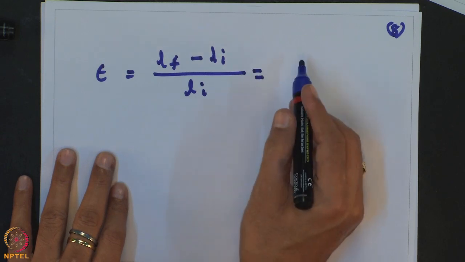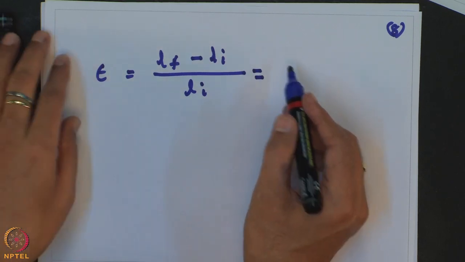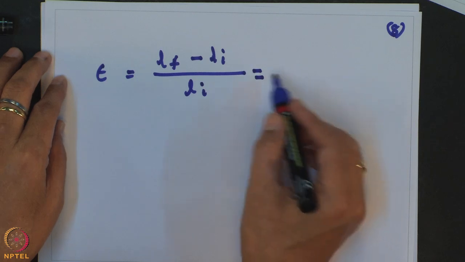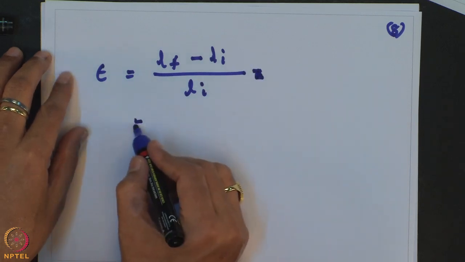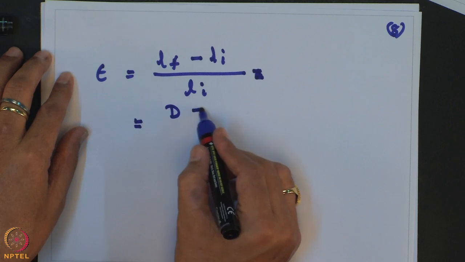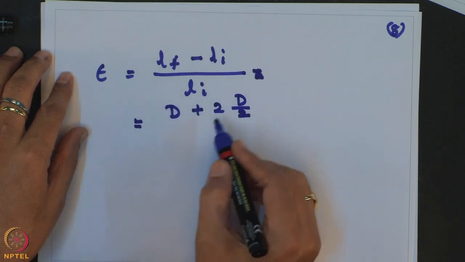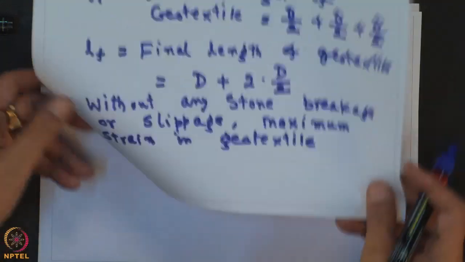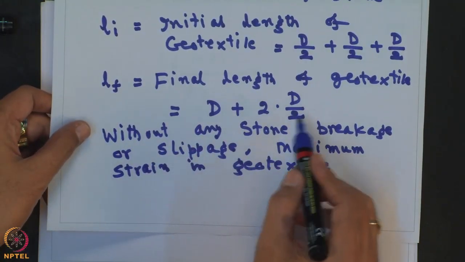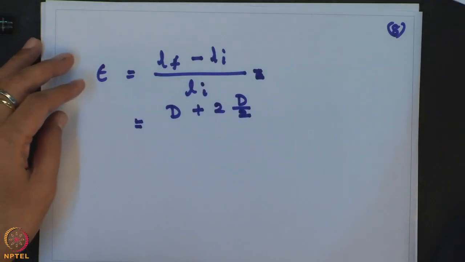So, the final length here is D plus 2 times D by 2. So, this is the final length.